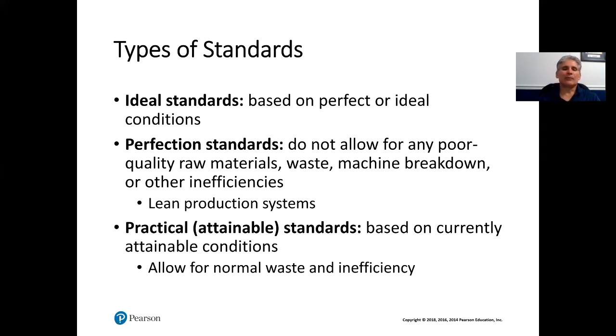And then we come up with what's often referred to as the practical or attainable standards. This is based on currently attainable conditions. So what do we expect to produce based upon our production systems? We're going to have to give some kind of allowance for human error, for machine problems, slowdowns, things that are out of our control.